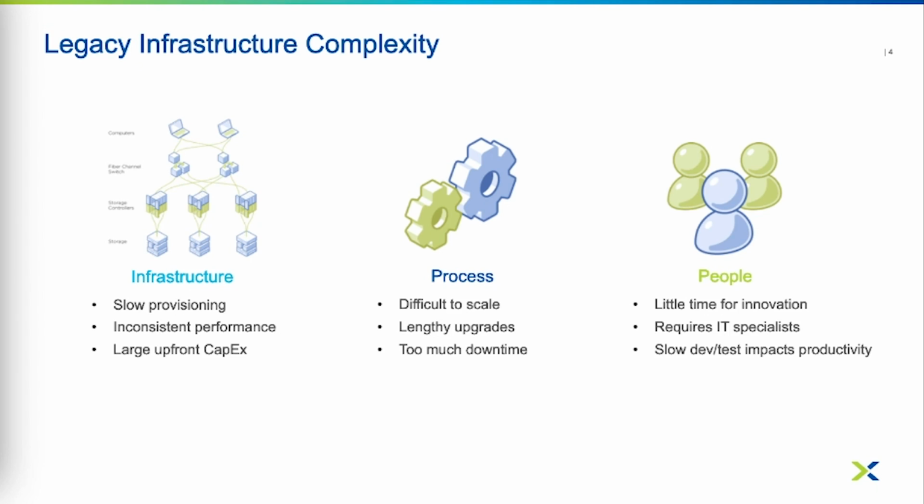So when a requirement comes in, you're slow to respond. Inconsistent performance, because you have over-provisioned and under-provisioned areas, and large upfront CapEx costs. You have little time for innovation, because you're coming into a very complex environment that requires tons of troubleshooting and long time to resolution, because you have siloed environments and pocketed teams.